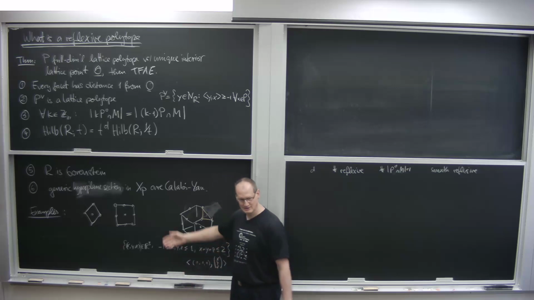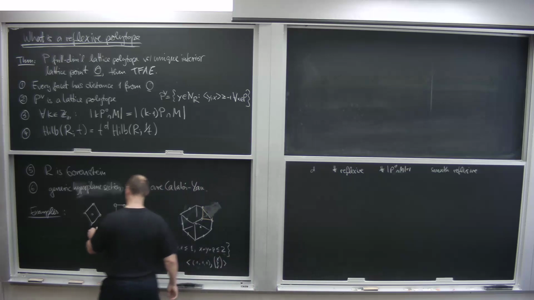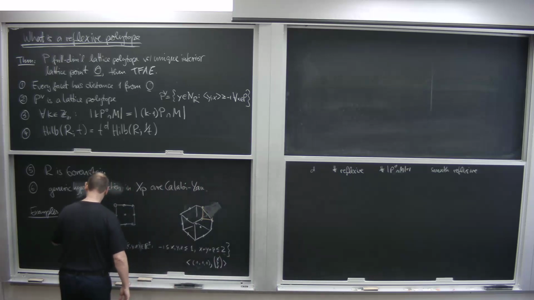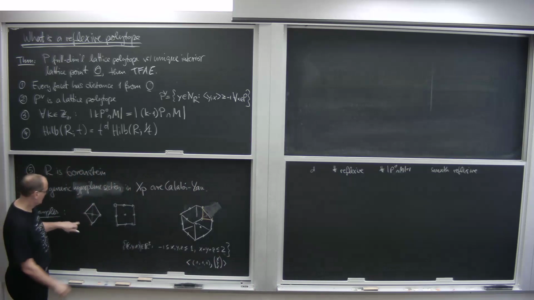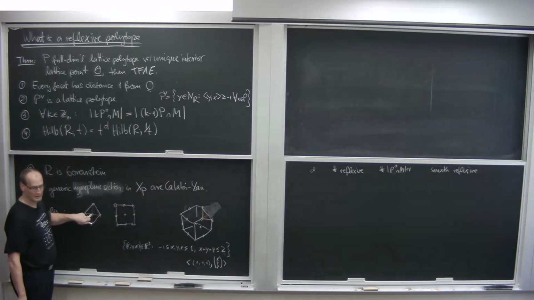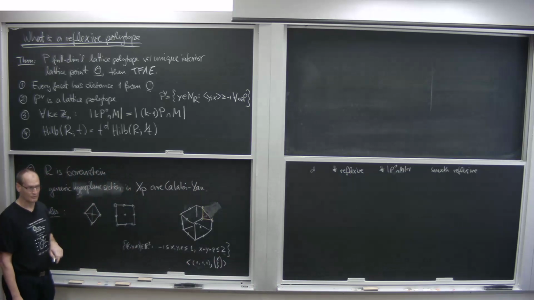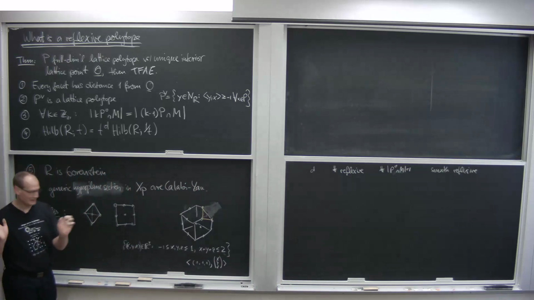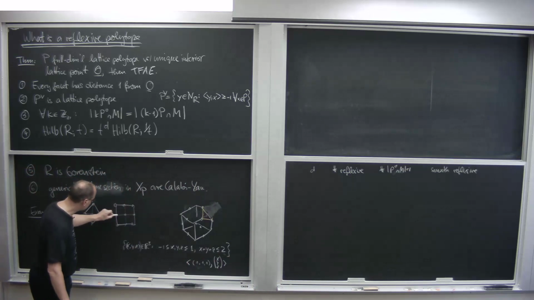Yeah, I can write down the relations. There are lots of relations, and this would be part of a topic that we didn't talk about. Here the relations are actually very simple. This times this is this squared, and this times this is this squared. For the cross polytope, I can write down the relations in general in any dimension. Here you have to write down a lot of relations.